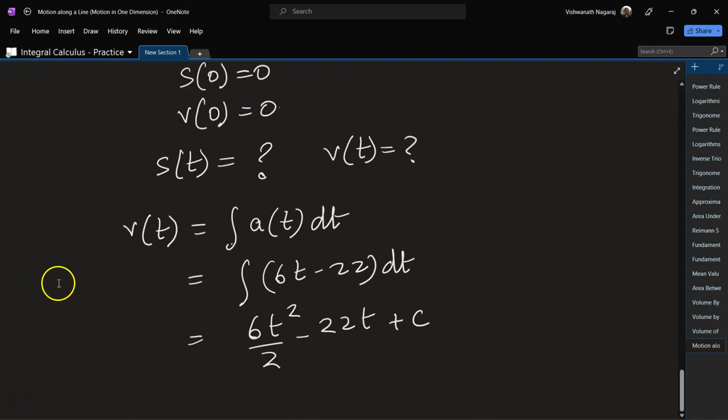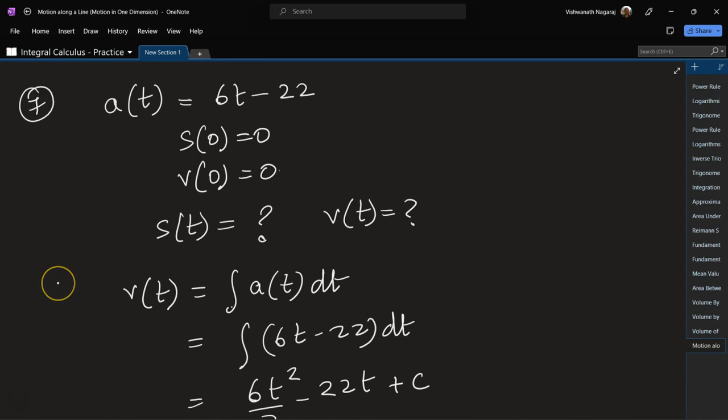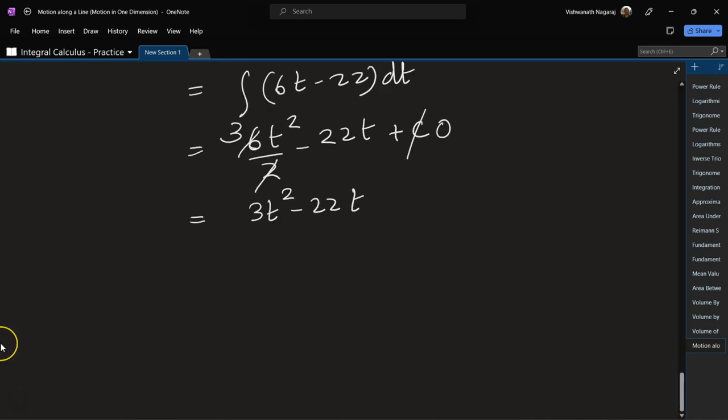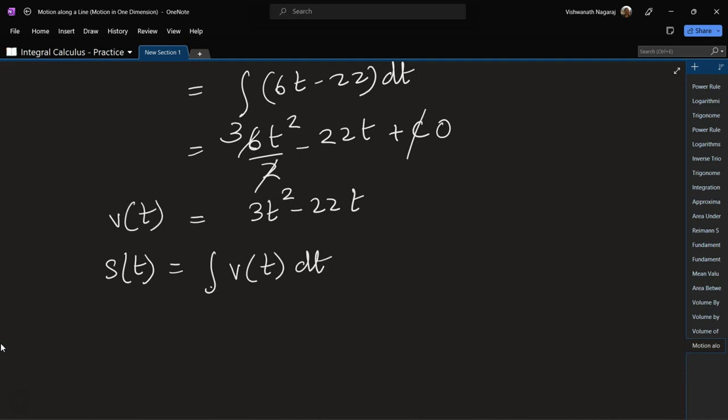But remember, v of 0 is 0. So this c will become 0. 2 3's. So v of t will be 3t square minus 22t. Okay. Now s of t is equal to the integral of v of t, and v of t is this.